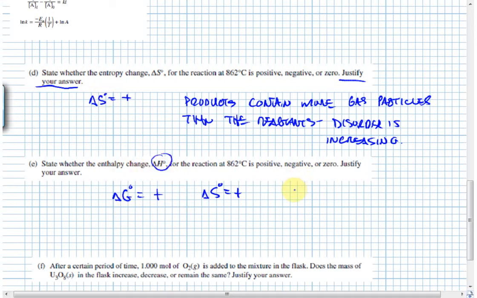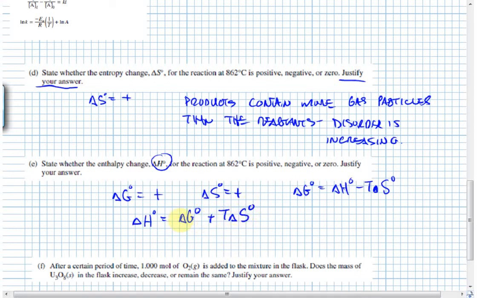Delta G0 is equal to delta H0 minus T delta S. If you didn't remember that, it's on the cheat sheet, but I suspect you should know that one. If we rearrange that equation, delta H0 is going to be equal to delta G0 plus T delta S0.